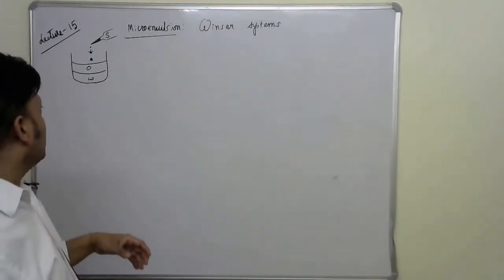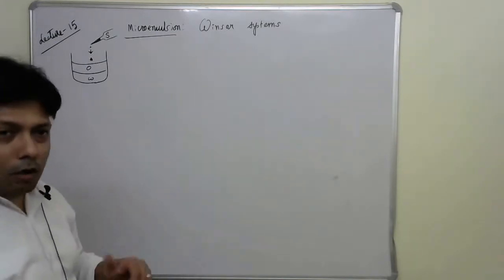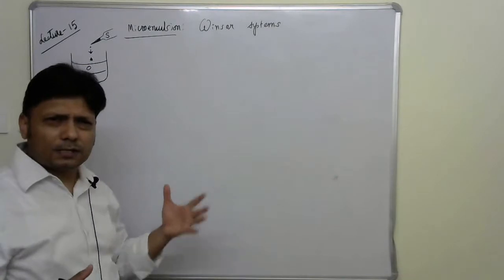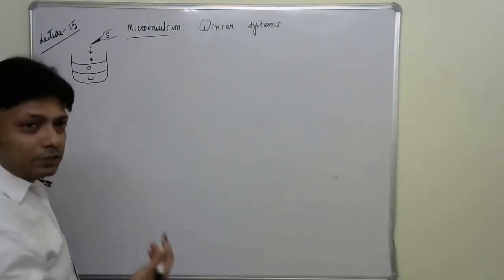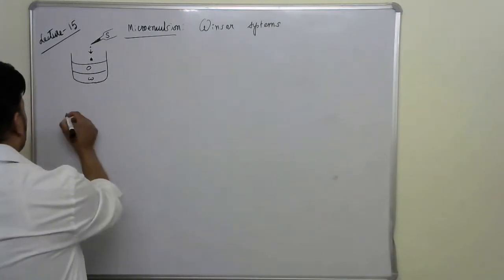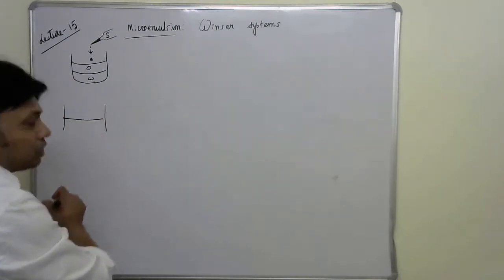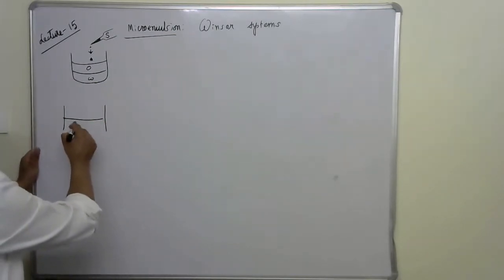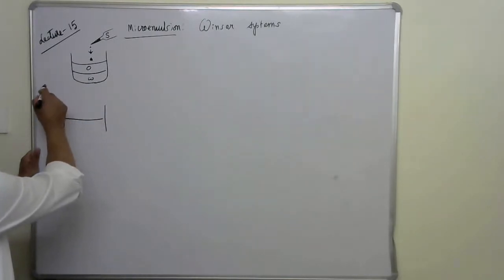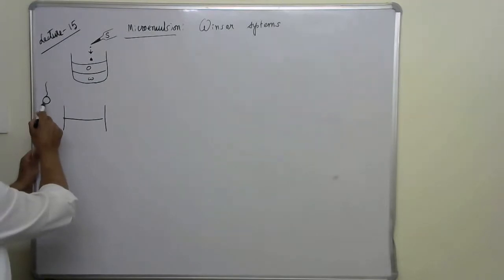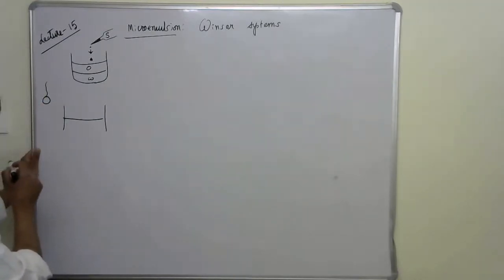From our understanding of surfactants, micelles, and interfacial tension, if we imagine the microscopic picture, the surfactant has a polar head group and a non-polar hydrocarbon tail.